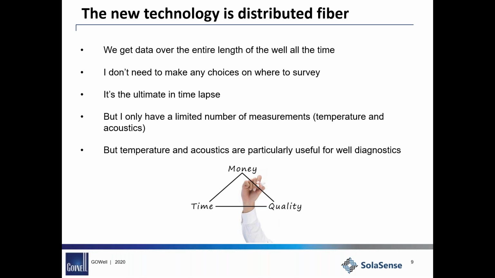Now, there are certain regulatory authorities that insist you have to have some sort of indication of where the cement is. And as long as you can get the fibre in the well when that exothermic reaction is occurring, then it's a perfectly acceptable way of monitoring where there is cement and where that reaction is taking place.